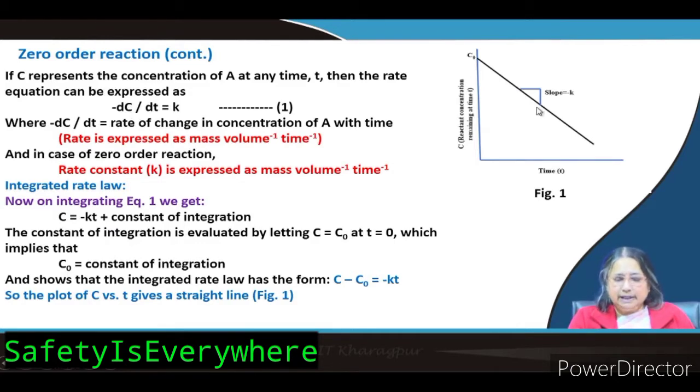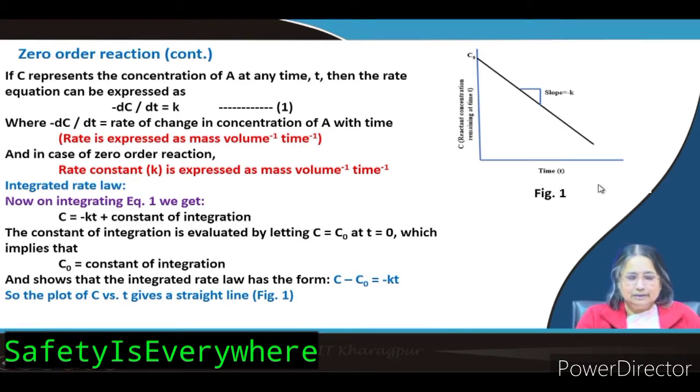It will be a negative slope, and the point where it cuts the axis will be C_0, that is the concentration at time t equals 0. So, the zero order curve will be like this if we plot C versus t.